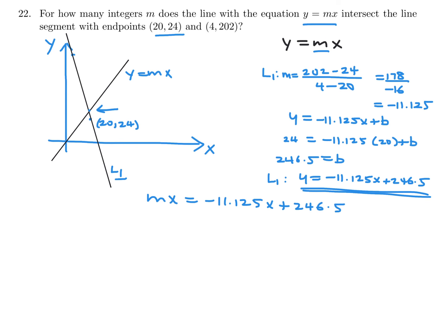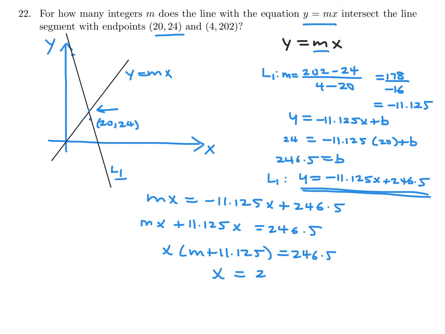Either way is fine, it doesn't really matter. Maybe I'll just solve for x, and in the end I'll figure out what m is. So if I bring everything over and factor out the x, I get (m plus 11.125) x equals 246.5, and then just isolate for x. And when you do, you get x equals 246.5 over m plus 11.125.